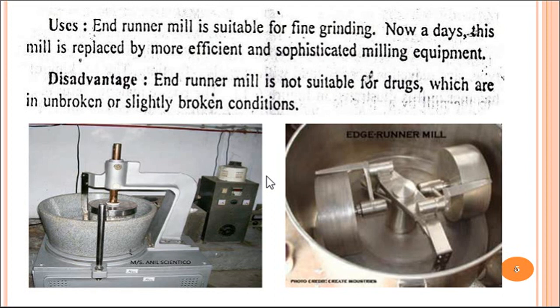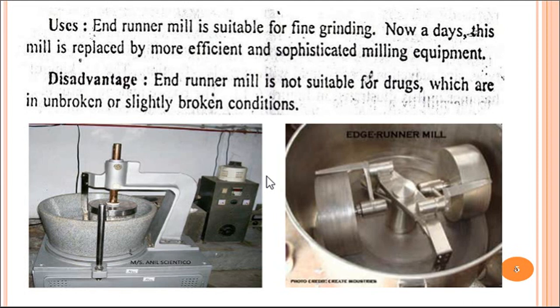When we talk about the drawback, this end runner mill is not suitable for drugs which are in unbroken or slightly broken condition. This is the limitation, where the material cannot be used, because ultimately this material is passing through the one steel bed, wall and the pestle.